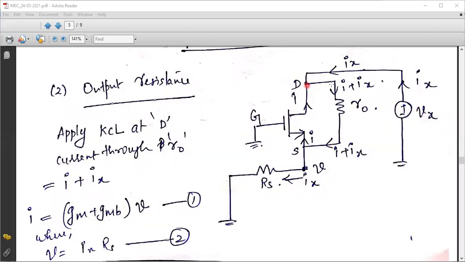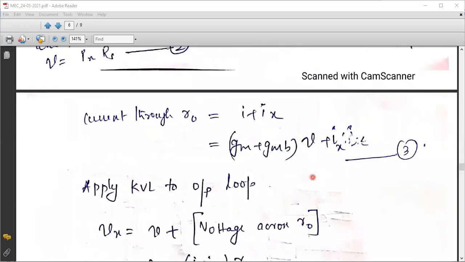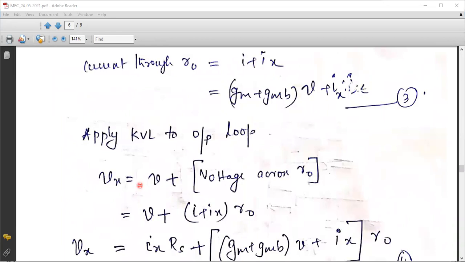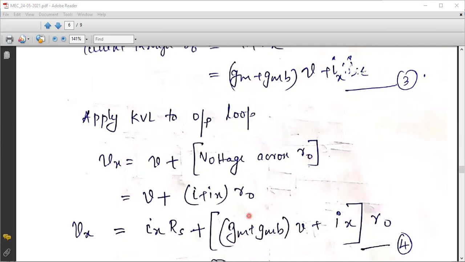A fraction of the voltage will appear across DS and another fraction will come across Rs, that is nothing but V. So how can you write Vx? Applying KVL to the output loop, Vx is equal to V plus the voltage across R0. The voltage across R0, according to Ohm's law, is the total current into R0, that is (I plus Ix) into R0.